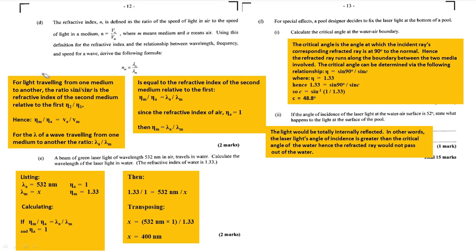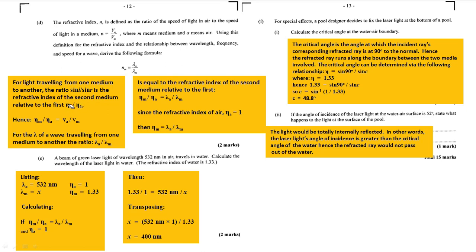Okay, so I had to go back to the drawing board, right? There was not much help here. So you pretty much had to know something. So it says, for light traveling from one medium to another, the ratio of sine of I, the angle of incidence, divided by the sine of R is the refractive index for the second medium relative to the first.